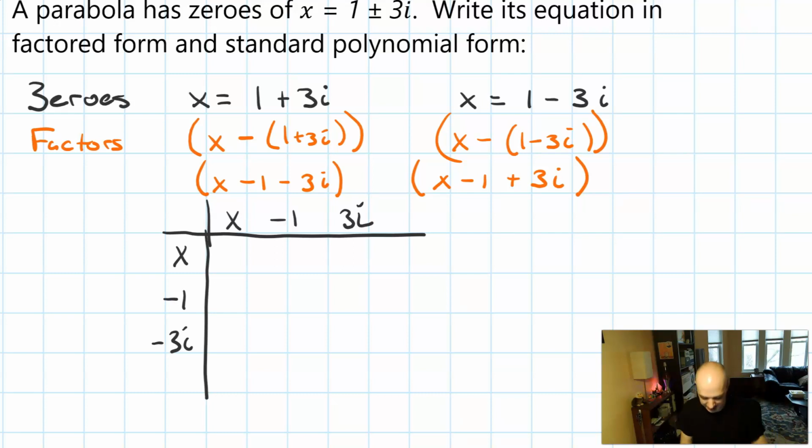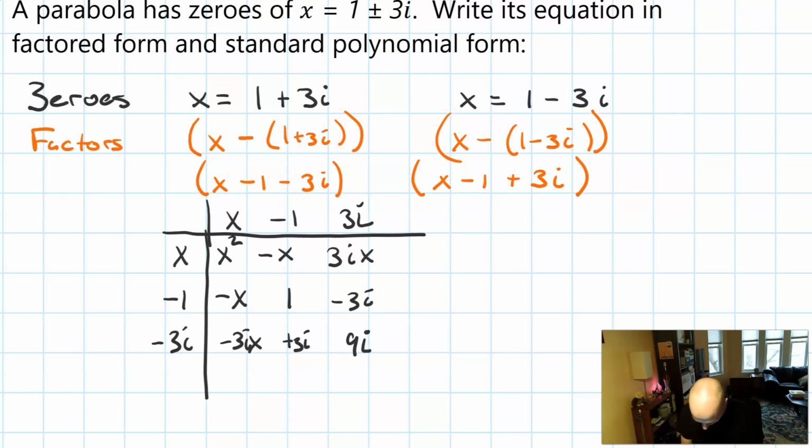Right, so we'll just multiply it out. So we get an x squared, minus x. Here's a 3ix. Here's a minus x. Here's a minus 3ix. Here's a 1. Here's a minus 3i. Here's a minus minus 3i, so that's a plus 3i. And then here's a minus 9i squared. So it looks like some things are going to reduce out.